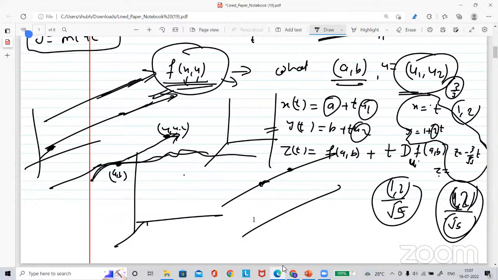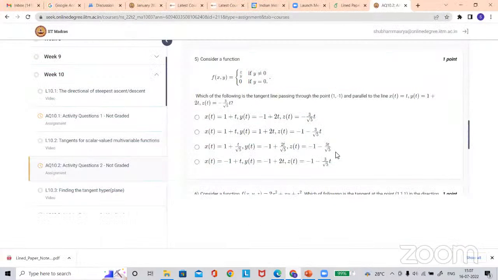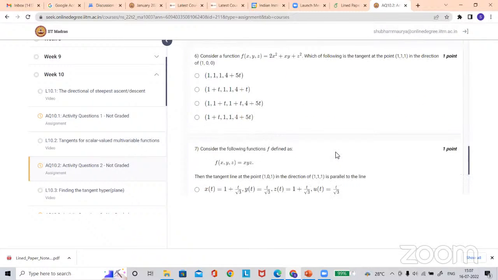Okay. So using this unit vector and the point (1, -1), we get the equation of that function. Yes. It's similar to question 7 of the same exercise, which Shubhashish sir gave some hint towards yesterday.